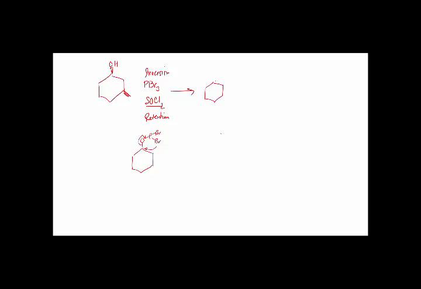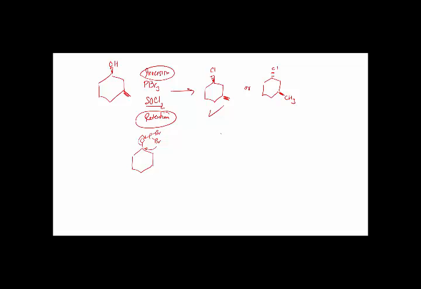I don't care which way you draw the Cl. You can remember these: PBr3 inversion, SOCl2 retention. But you will get one or the other. You will not get 50-50 both, is the critical part. So in this case, if SOCl2 is retention, that would be the major product.